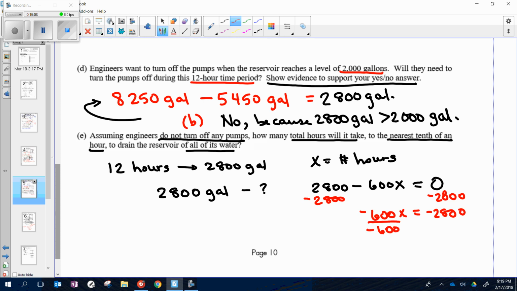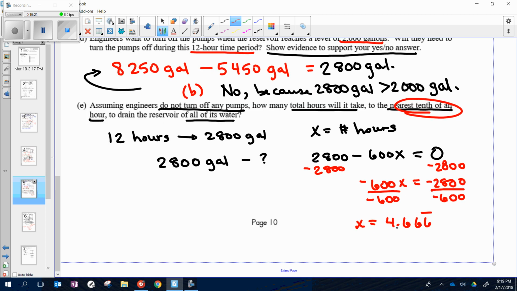Divide by negative 600. Go to your calculator if you have to, but I know that it's 4.666 repeating. It said round to the nearest tenth of an hour, so that 6 makes that 6 go up. x is approximately 4.7 hours.